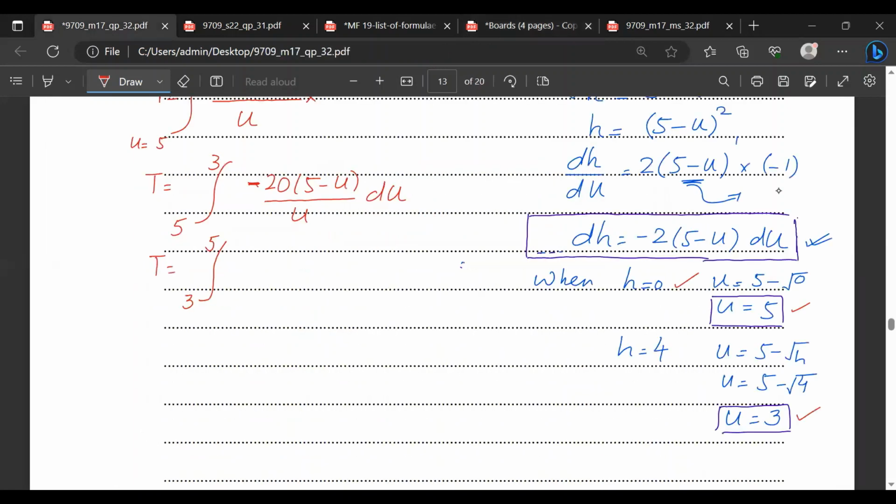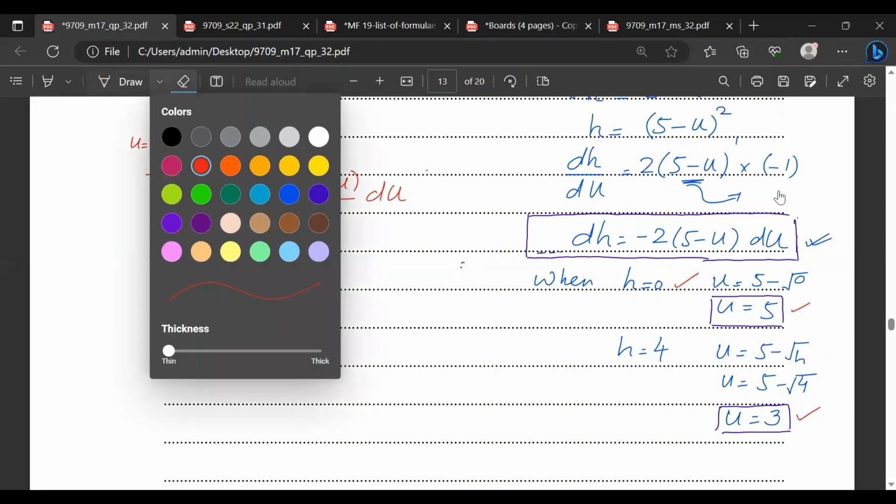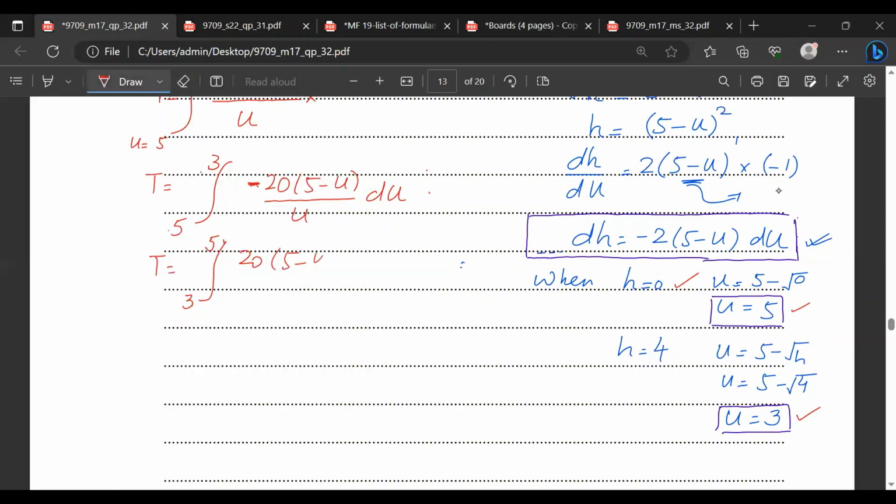So here I am changing the sign, and so it was from 5 to 3, now 3 to 5, 20 times the integral of (5 minus u) over u du.